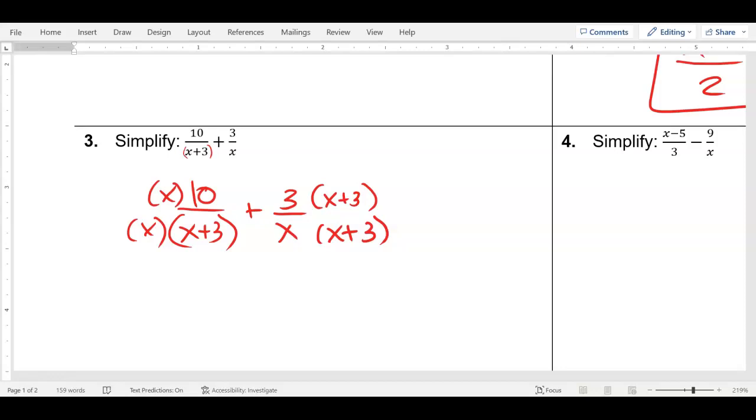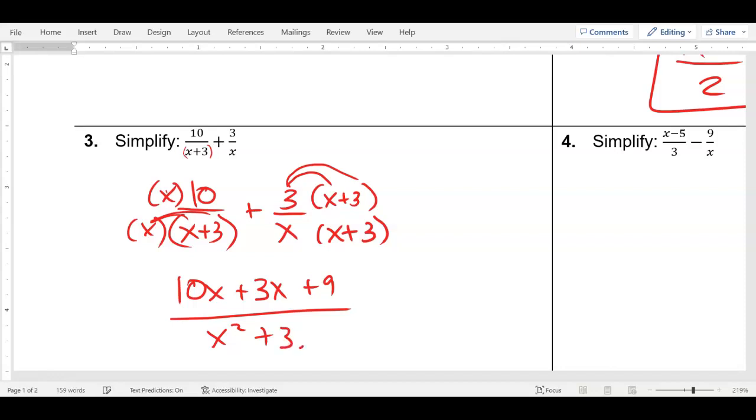Okay, so on top, 10 times x is 10x, 3 times x is 3x, 3 times 3 is 9. And then on the bottom, x times x plus 3, x times x is x squared, x times 3 is 3x.